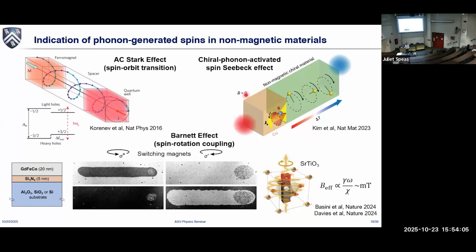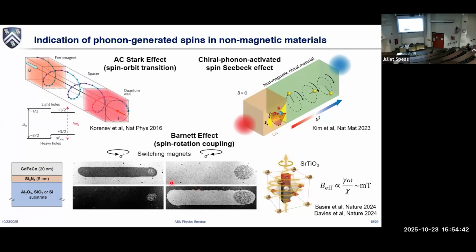That idea was corroborated more recently by putting a metal with a chiral material. This is essentially a chiral insulator, and by passing heat, the only thing that carries heat will be phonons with chirality, and the system actually generates spins at this interface. That would indicate that you have some phonon-to-spin conversion.